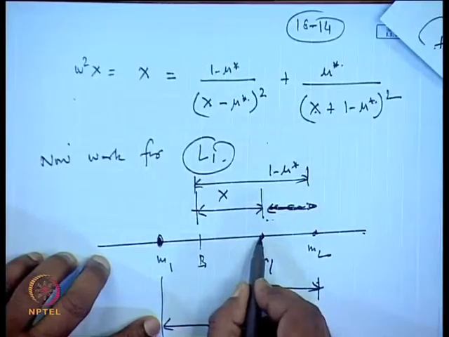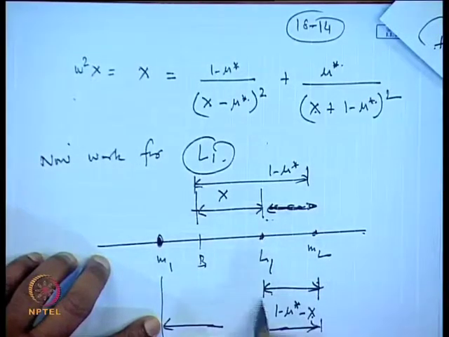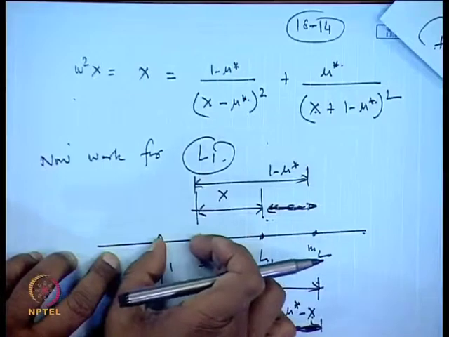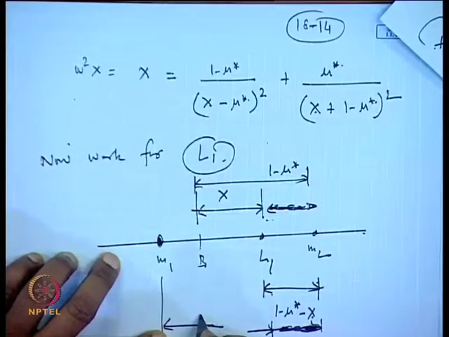We are considering this point, so the distance from L 1 we are taking from L 1, not from here. So, this distance becomes x plus mu star.